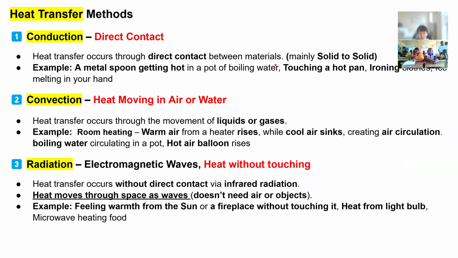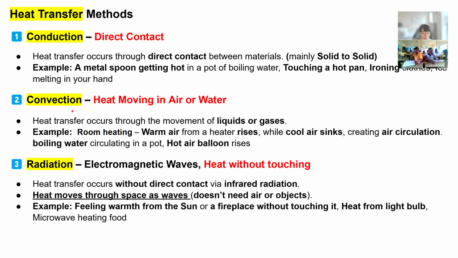It's often between materials, mainly solid to solid. An example might be a spoon getting hot in a pot of water, or it can also be our skin contact with a hot pan, which is a direct heat transfer from that heated object to our skin.